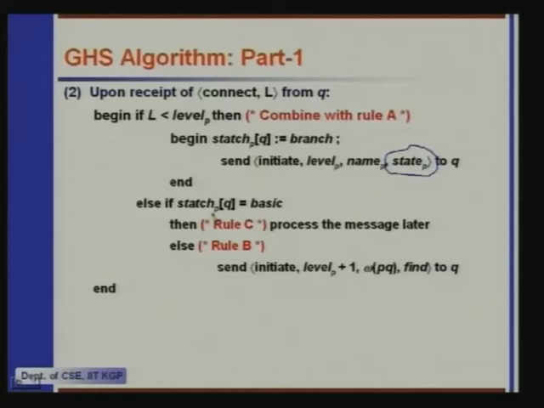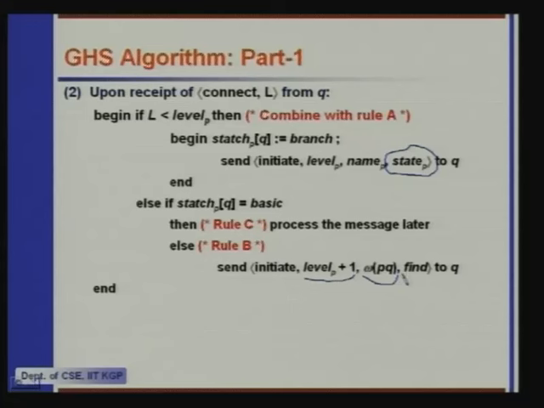If it is not basic, then we will apply rule B and send an initiate message to Q with level equal to level P plus 1, and the name. Remember, for merging two fragments of the same level, the name of the integrated fragment is the weight of the core edge, that is W_PQ.